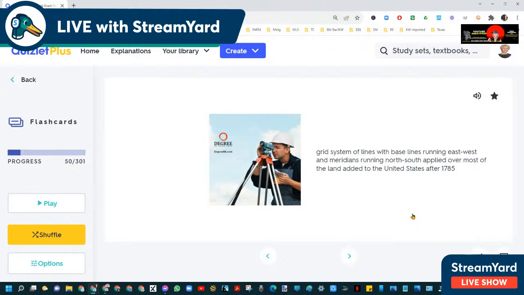So there's a couple different types of surveys. This is one of them. The grid system of lines with baselines running east and west and meridians running north and south. So it's a big square, 6 miles by 6 miles, because it has 36 sections. I'm giving you a little bit of a clue.